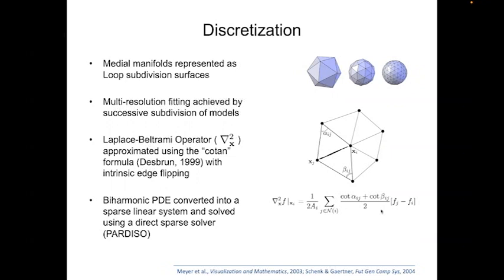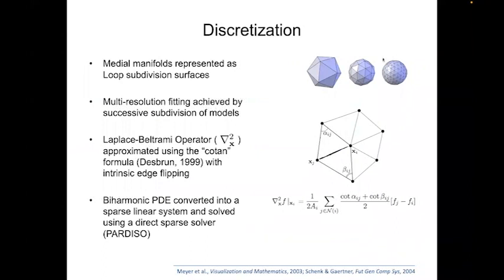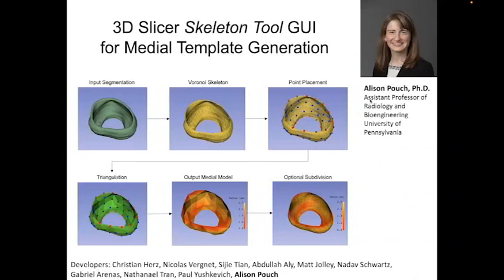We've tried a bunch of different stuff, but recently my colleague Alison Pouch, whose work I'll keep showing as we go through the slides, has been leading the development of a plugin for Slicer that does this template building.